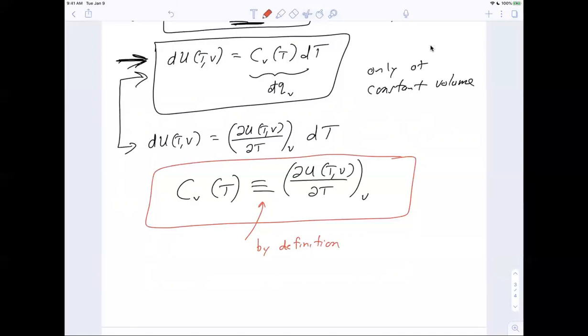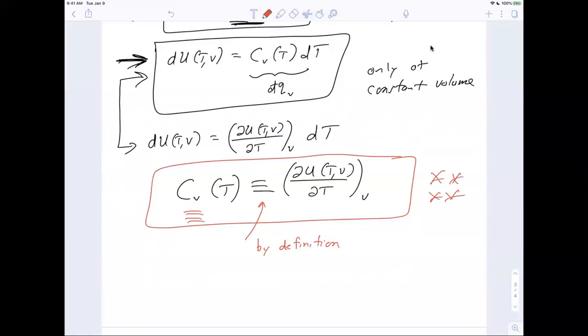There's a lot of words here, very compactly represented in this expression. So the constant volume heat capacity, which is a function of temperature, is defined thermodynamically as the partial derivative of U, the internal energy, with respect to temperature at constant volume. This is the rigorous thermodynamic definition, and you can apply this anywhere now. So CV of T is always the partial of U with respect to temperature at constant volume, given that you can write U as a function of temperature and volume.